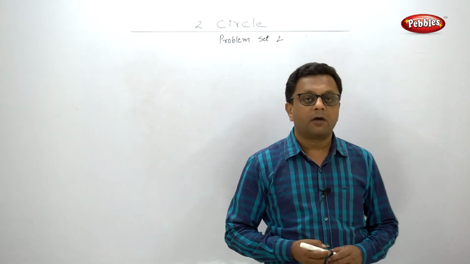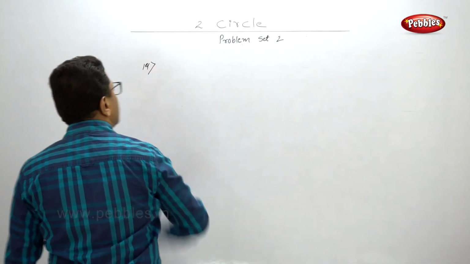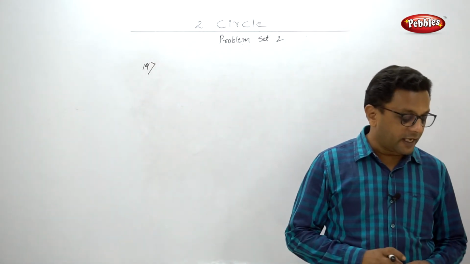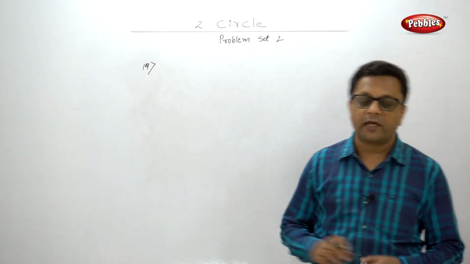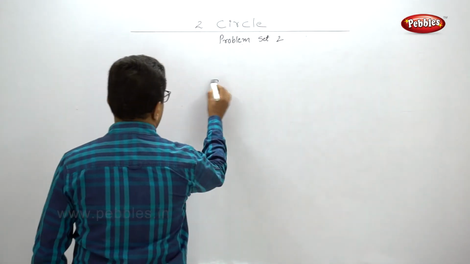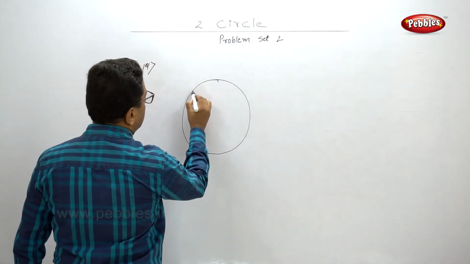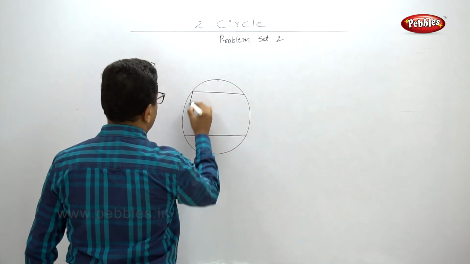Example number 19. Very simple example. Prove that in a cyclic trapezium, angles at the base are congruent. Cyclic trapezium, a circle is there and a trapezium is there, whereas opposite sides are parallel.